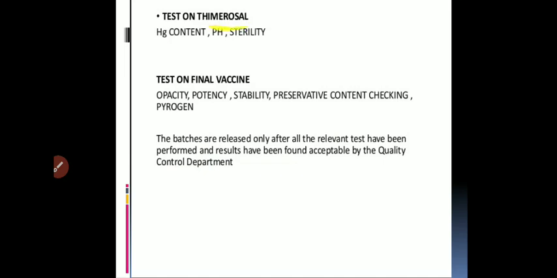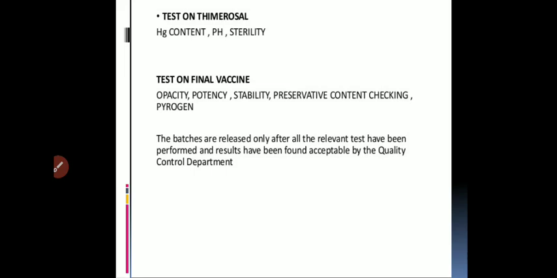Then we have added preservatives like thimerosal. So thimerosal, or the preservative, should also be sterile while adding into the vials, or else it will contaminate our vaccine.